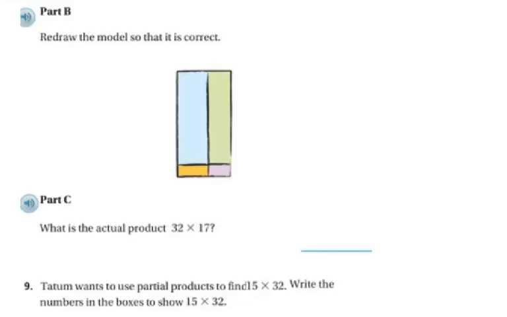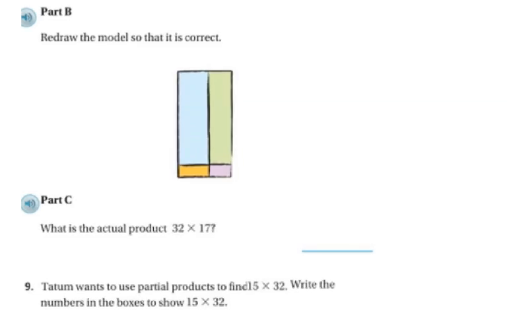So now they want you to redraw it correctly. So we've got our 30 and our 2, because it was 32 times 17. And I already did this for you, but 3 times 1 is 3, and I've got my 2 zeros, so this is 300. 3 times 7 is 21, with my 0 is 210, and then 2 times 10 is 20. 7 times 2 is 14.